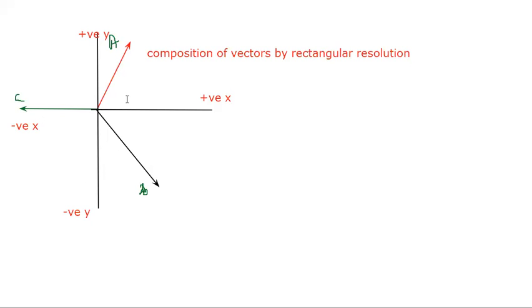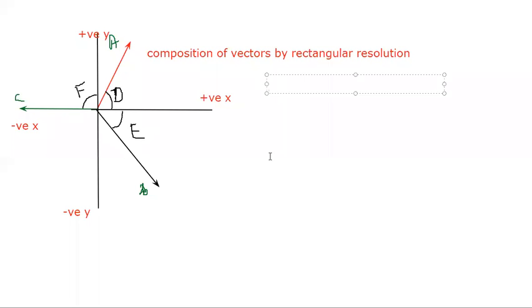So let us take vector A. If this angle is known to you, let me take an easier name so that I can write: let this angle be D, let this angle be E, and let this angle be F. The three vectors make different angles with the positive x or positive y axis.